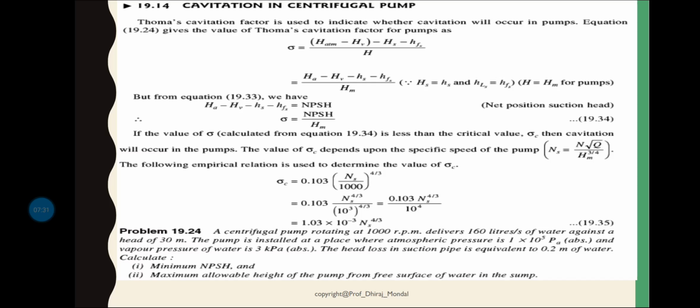The head loss in the suction pipe is equivalent to 0.2 meter of water. Calculate the NPSH and the maximum allowable height of the pump from the free surface of the water in the sump.